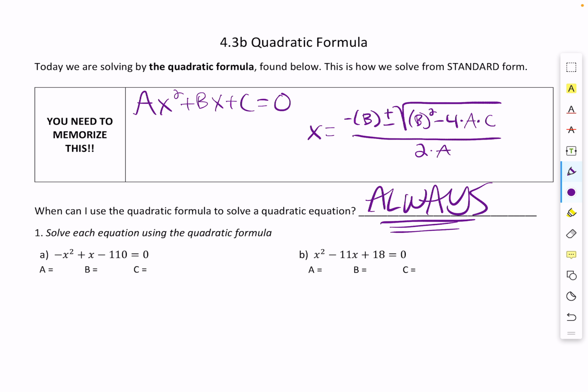Okay. -1? Because there's a negative, and when there's no number, it's a 1, right? Okay, good. What about in front of b? 1? Okay. And then what's c? 110, be careful. -110.